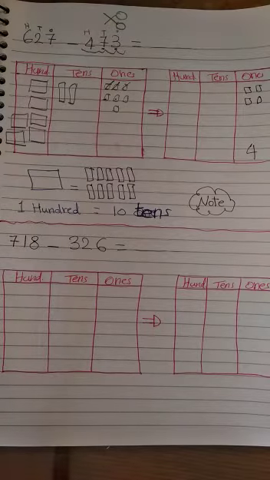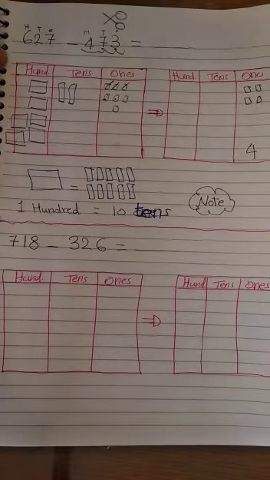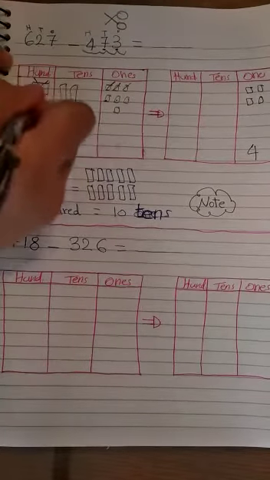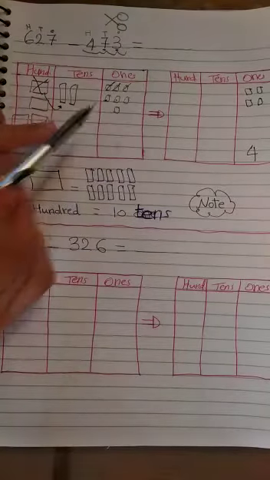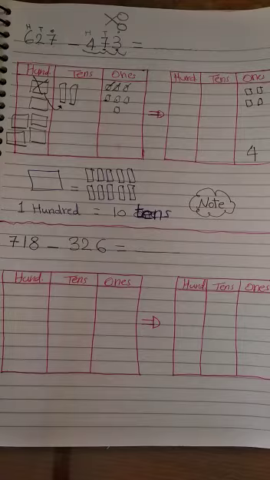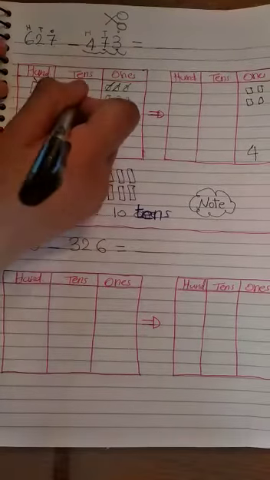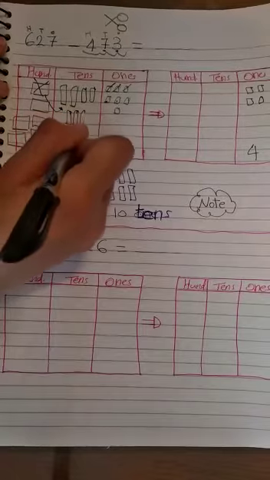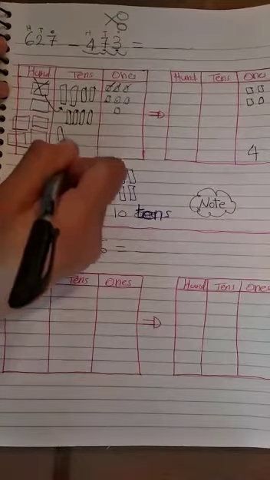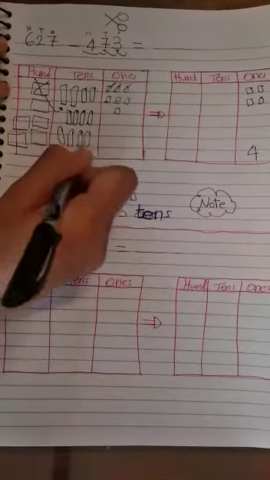So it will go to the kind neighbor and ask her to borrow 100. She will give her 100, but to enter from the door, it will be regrouped into 10 tens. So here they will be 10 tens instead: 1, 2, 3, 4, 5, 6, 7, 8, 9, and 10.